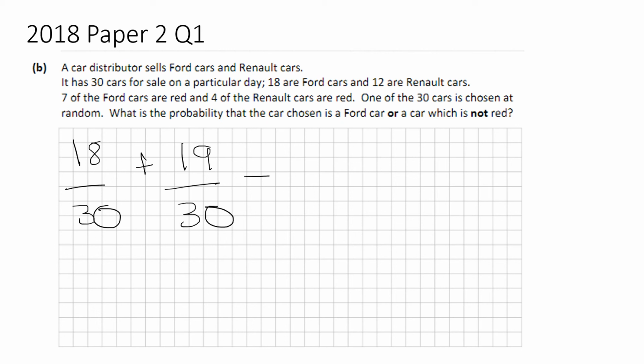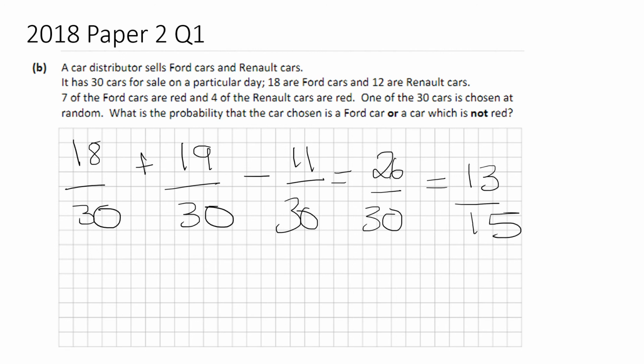But then you don't want to include the 11 cars which are Ford cars, so take those away because they're being counted twice. So these are the 11 cars that are Ford cars that are not red because they're already included in that 18 out of 30. That's why we need to take that away. And that's why you'll end up with 26 out of 30, which is 13 over 15. It's just another way to answer the same question.